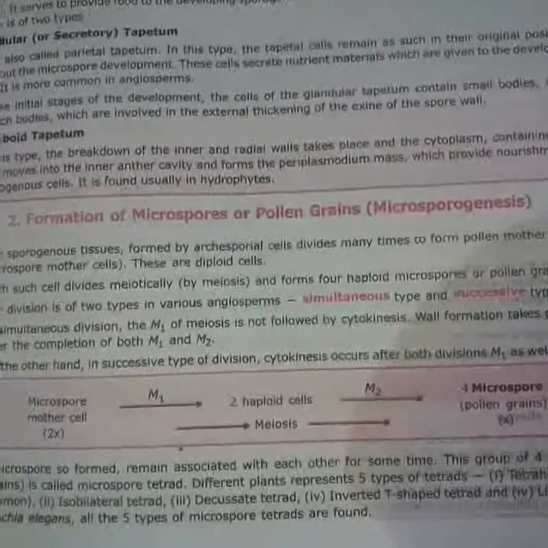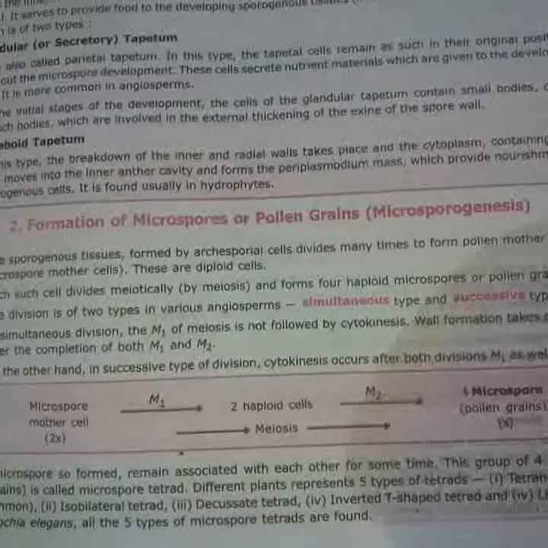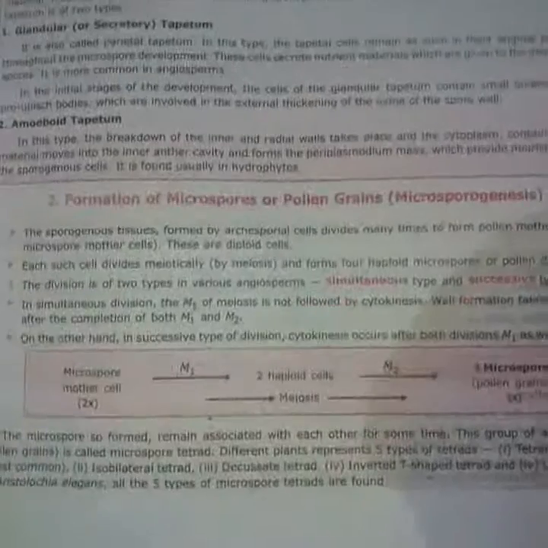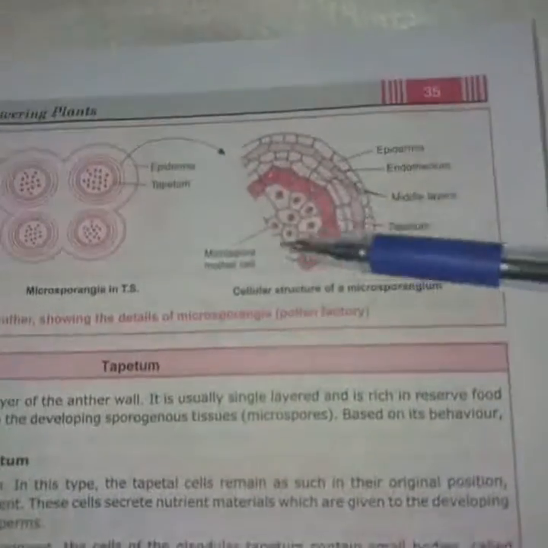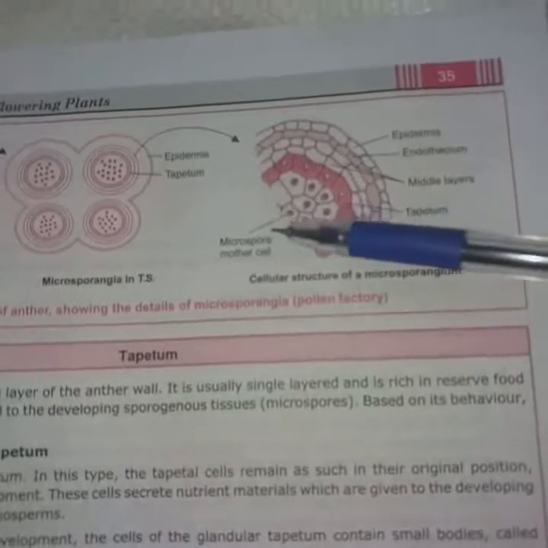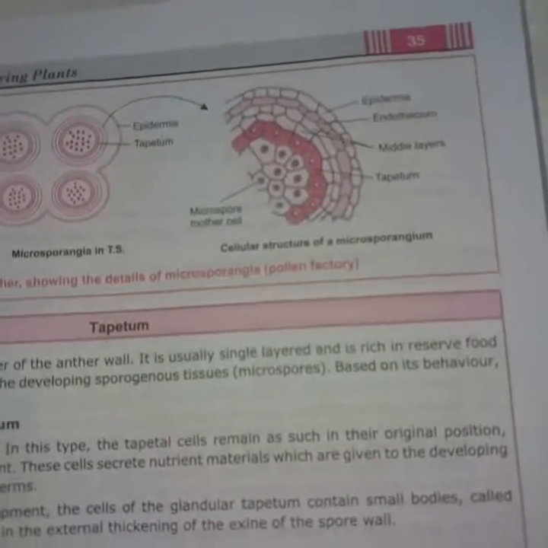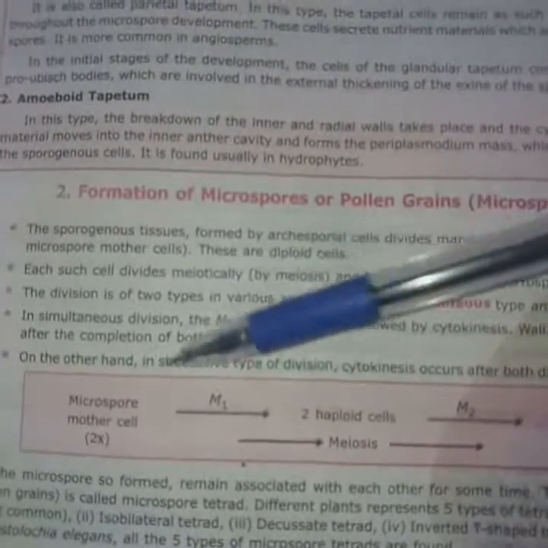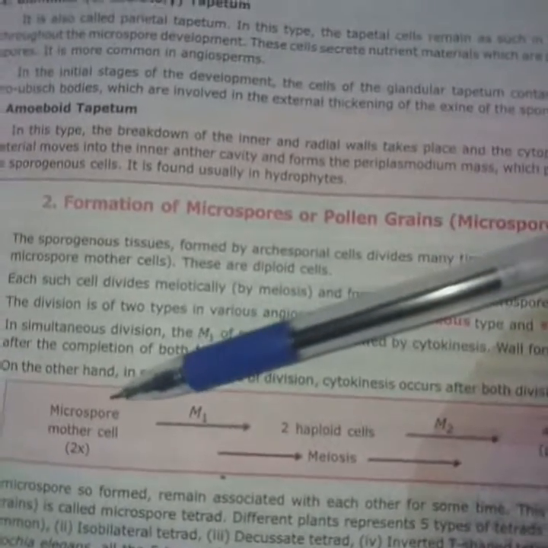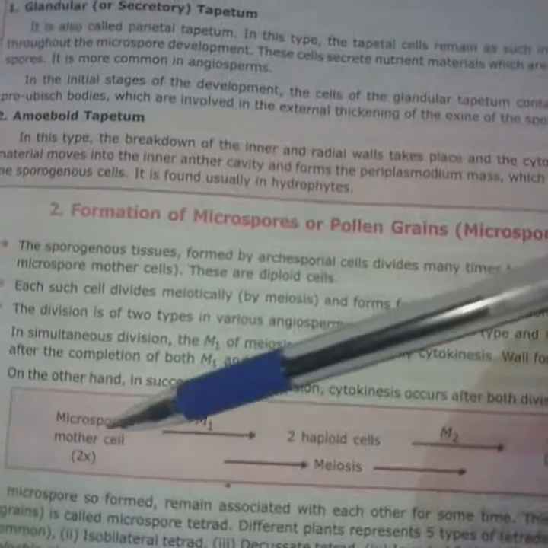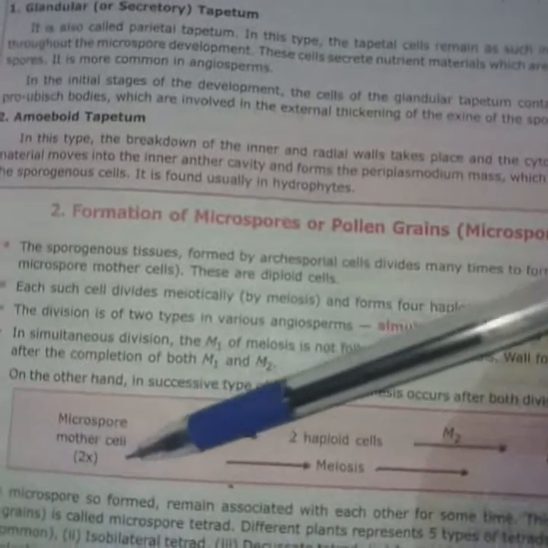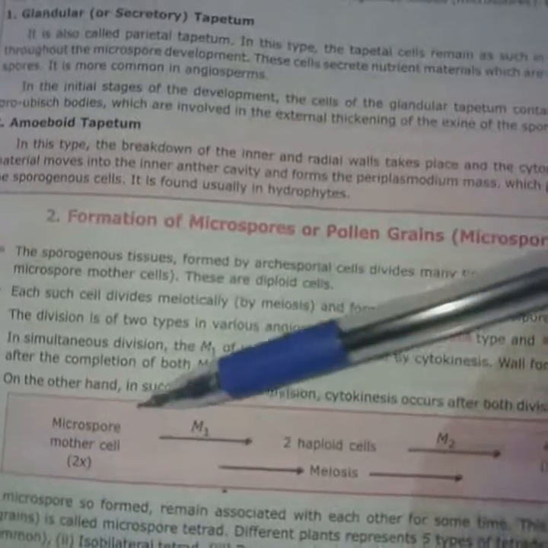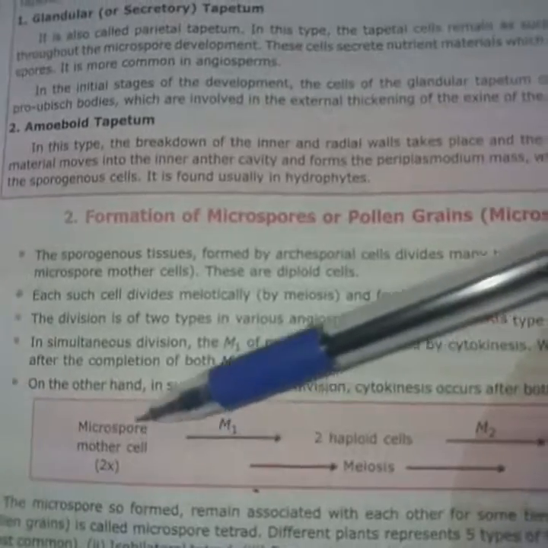This process is called microsporogenesis. These microspore mother cells are 2n or 2x, which means they are diploid cells.